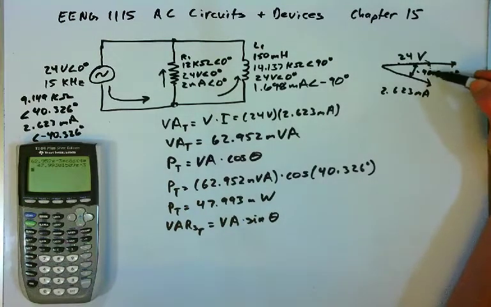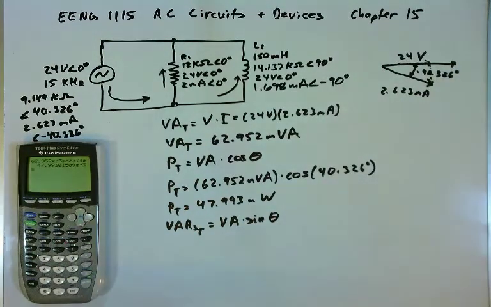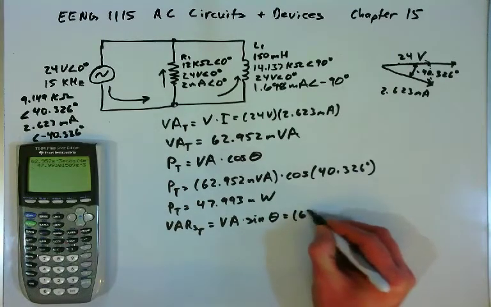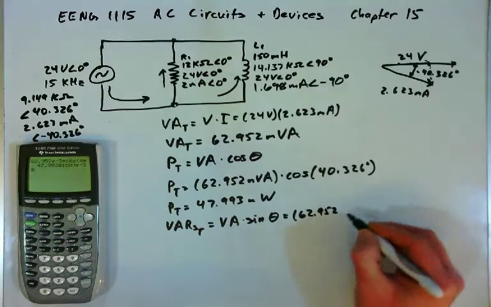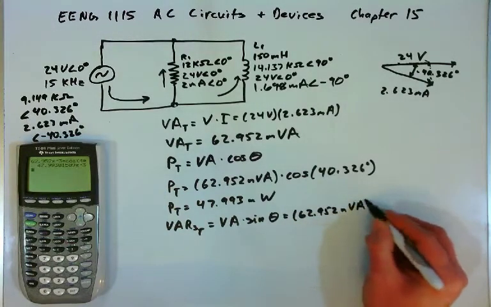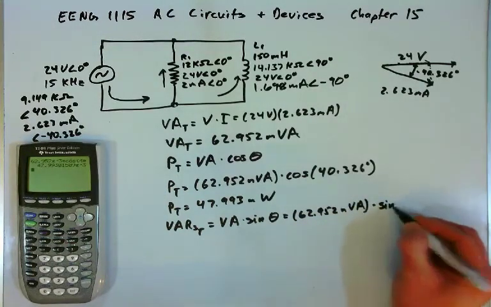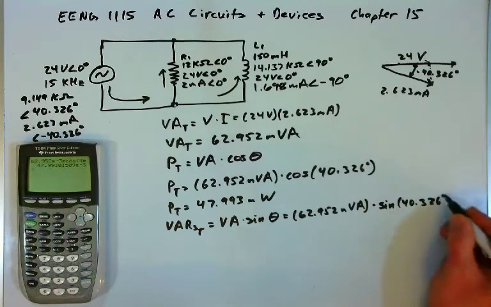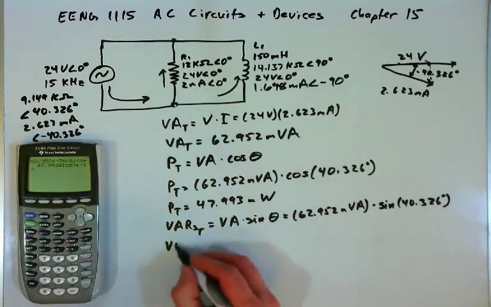And so here what we're looking for is the y component of the current, which is perpendicular to the voltage. The volt amps we already know is 62.952 millivolt amps, and we will multiply by the sine of a positive 40.326 degrees.